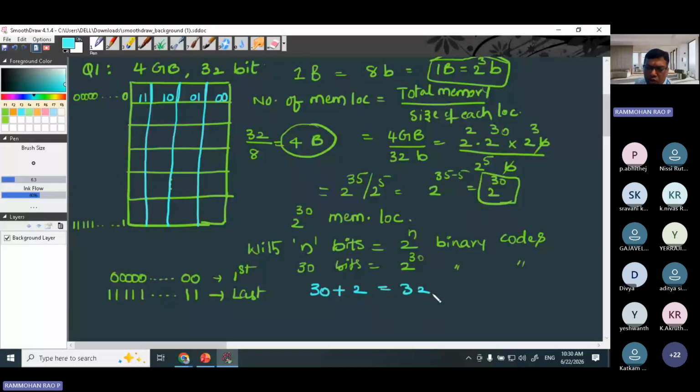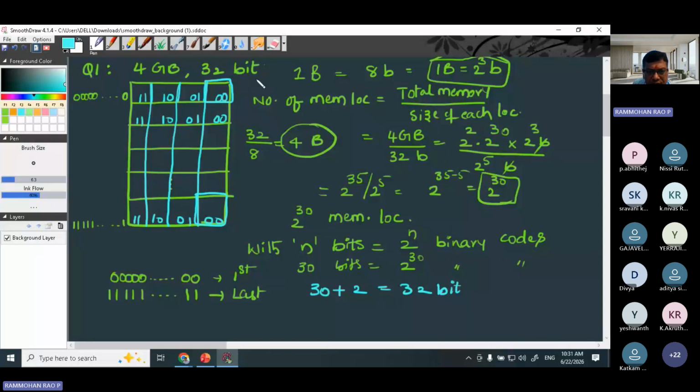I also told you there should not be any confusion. In every row, the same combination can be repeated. So don't think that this cell is also 00, this cell's address is also 00, and wonder why the address has been repeated. No, no. You have to see the total address.